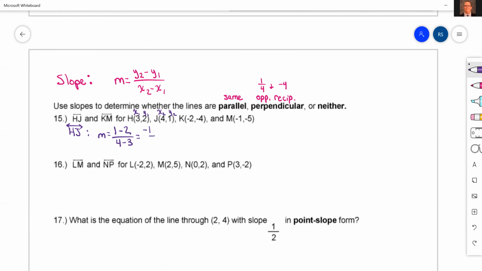It's -1 over 1, which is just -1. Then we've got to do KM. Label our points.